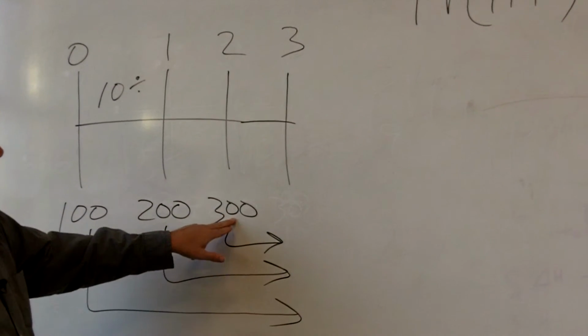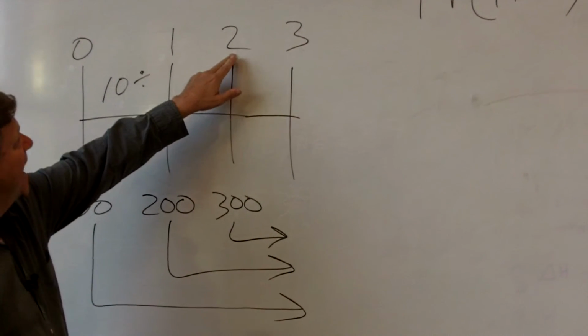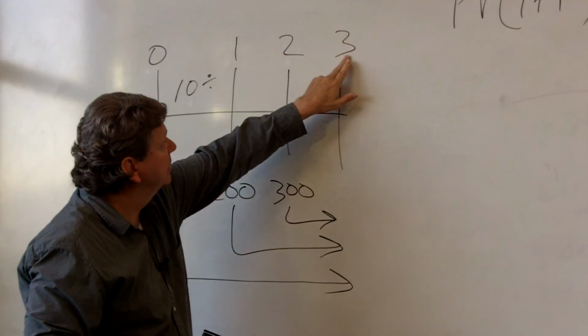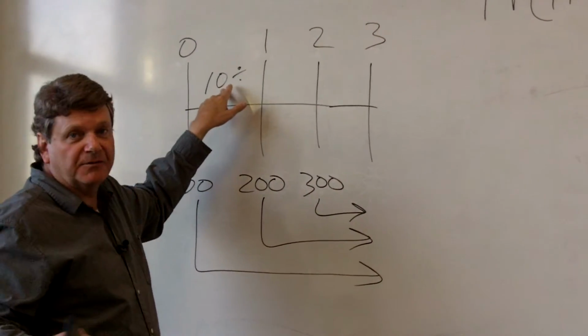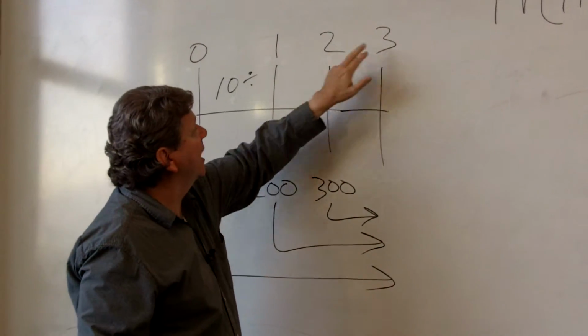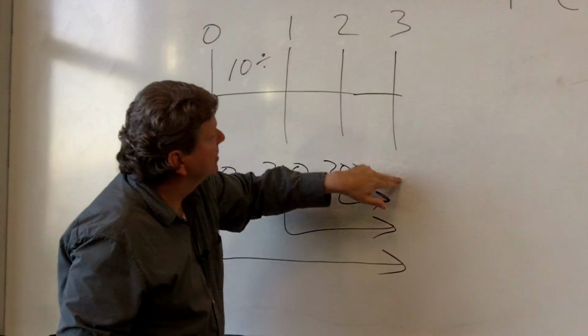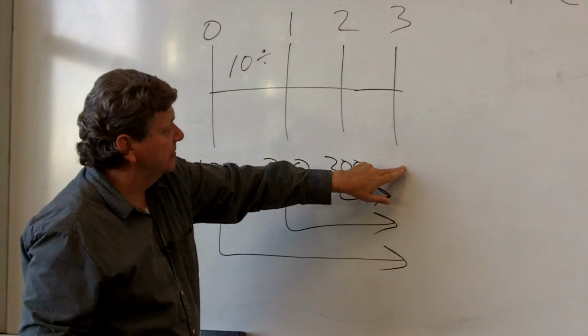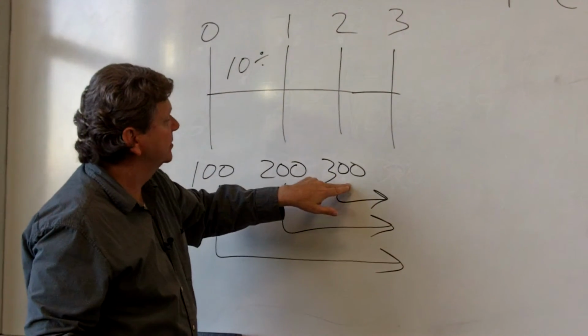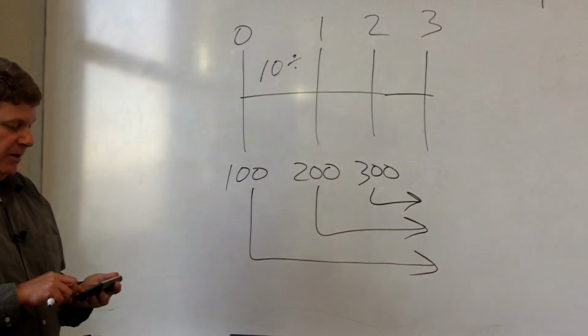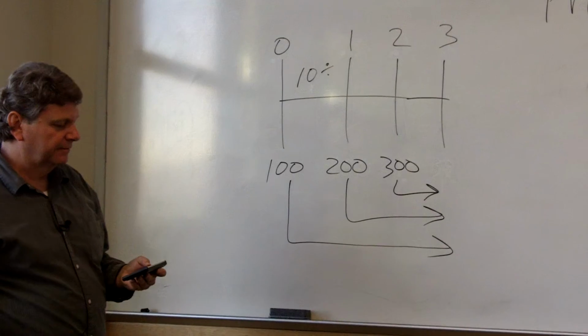Well, we've got $300. We're going to invest that in period 2. And it's going to grow at, let's go ahead and stay with 10%, for 1 year, right? It's going to grow for one period. So $300, what's the future value of $300 invested here? 300, put in a negative.